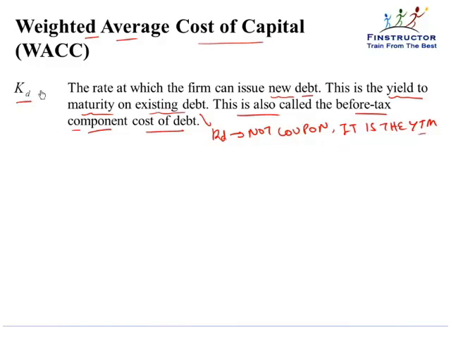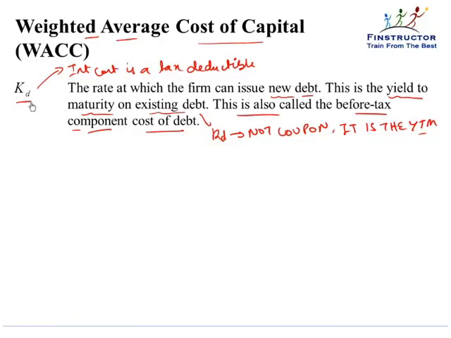Now please recall from the review on financial reporting that the interest cost on debt is a tax deductible expense. That is, whatever interest I'm paying can be shown as an expense above profit before tax.